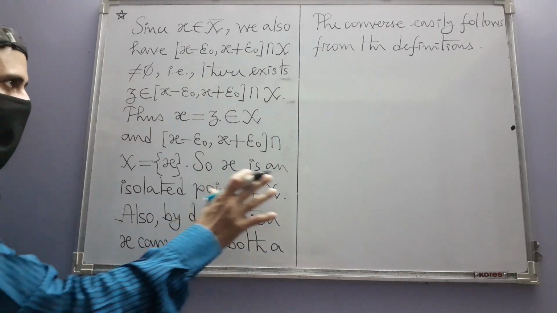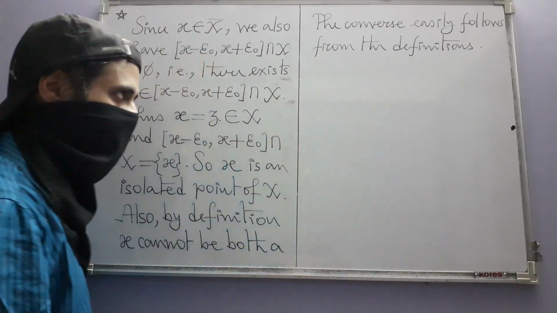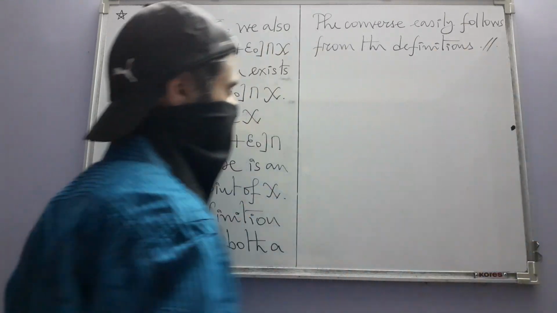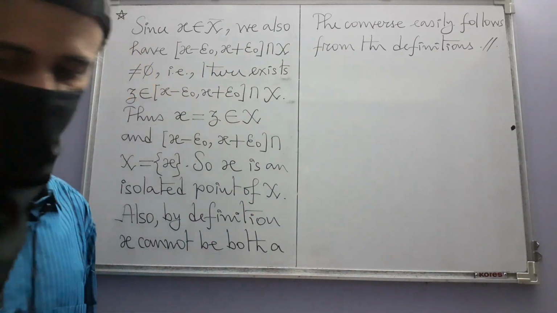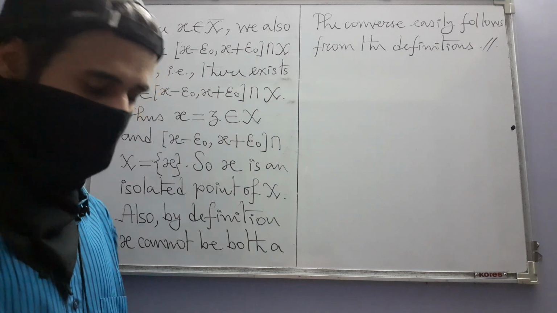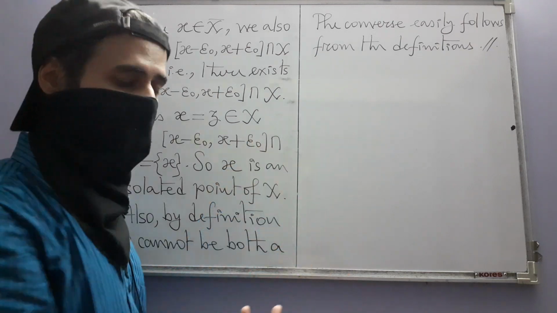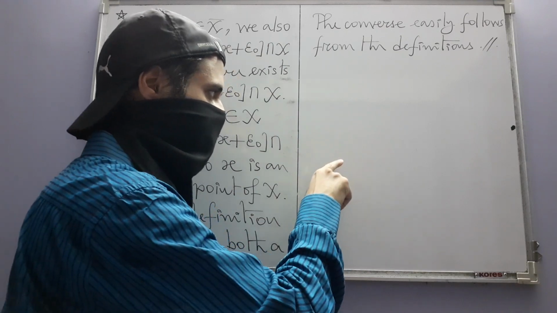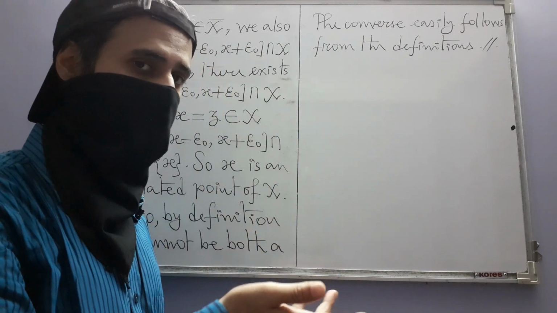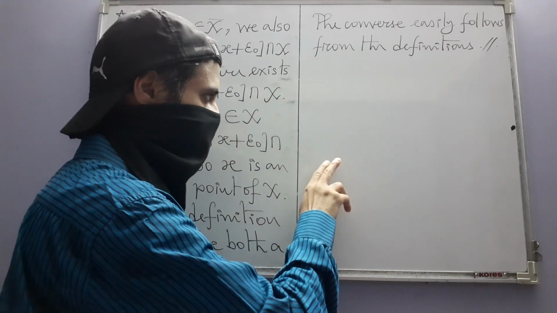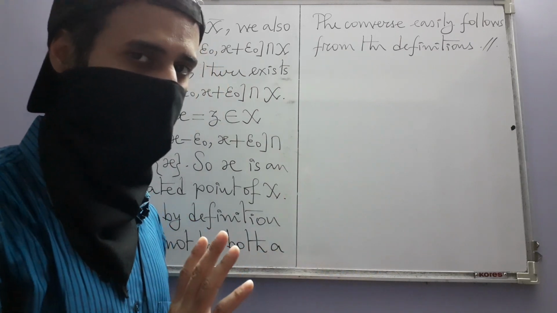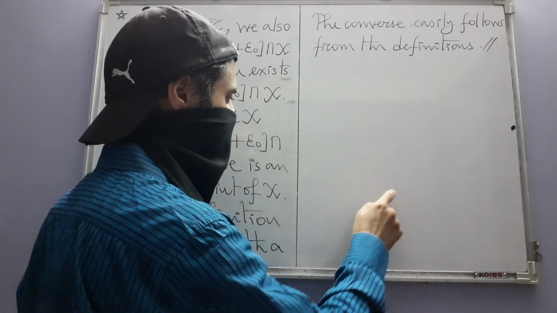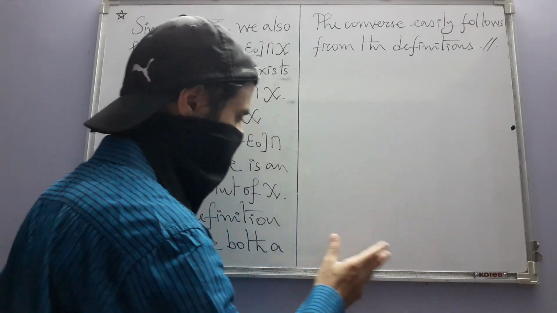Let me at least say something about this part, although I am not going to write anything here. So the solution in fact ends here. So what I want to say here is this. What is the converse? The converse asks us to show that every limit point is an adherent point, and also every isolated point is an adherent point. Let us first take the case of an isolated point.